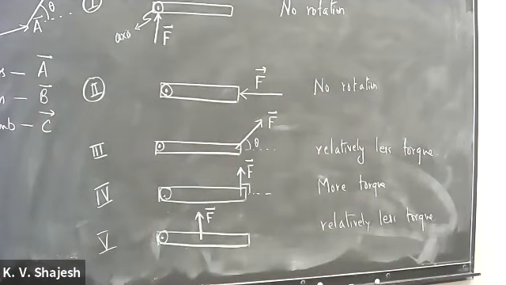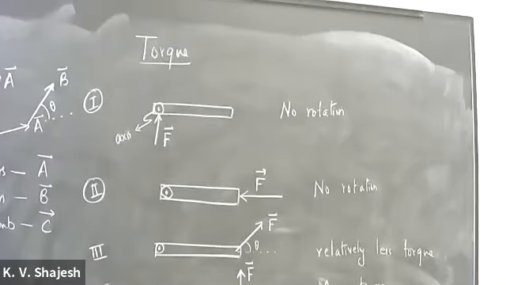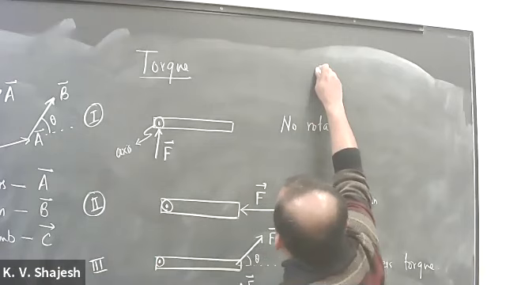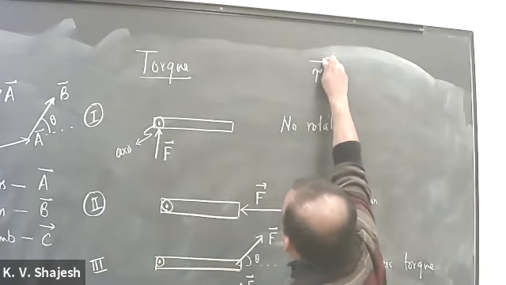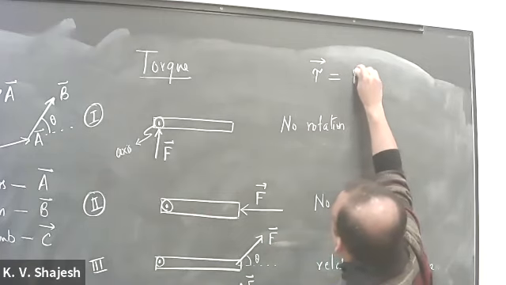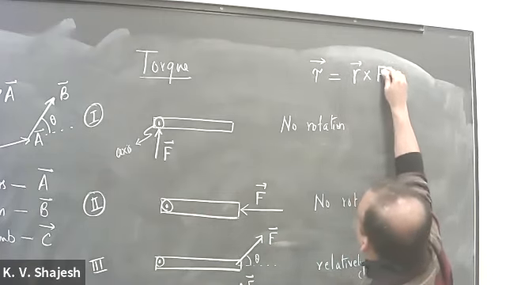And you would like to define the idea of rotational force or rotational torque that incorporates all these facts. So we will define our torque to take care of all this. And let's go back to 1 and let's define our torque as R crossed with F. What is R? What is the force F?